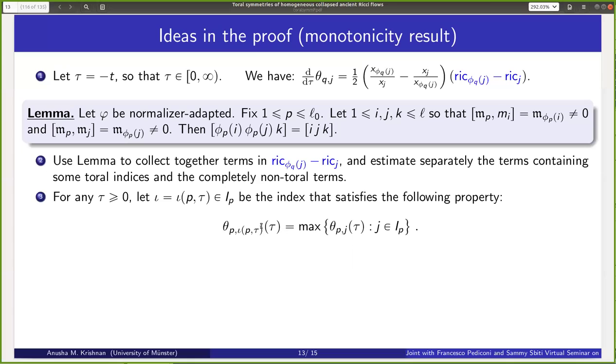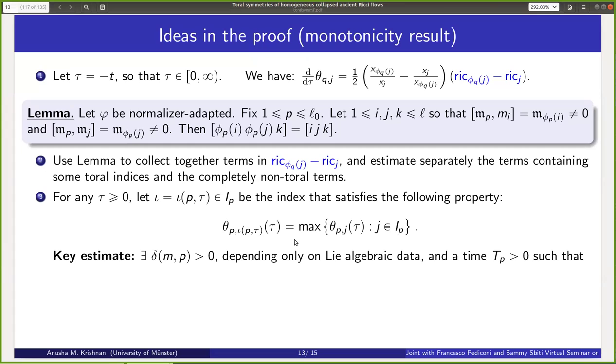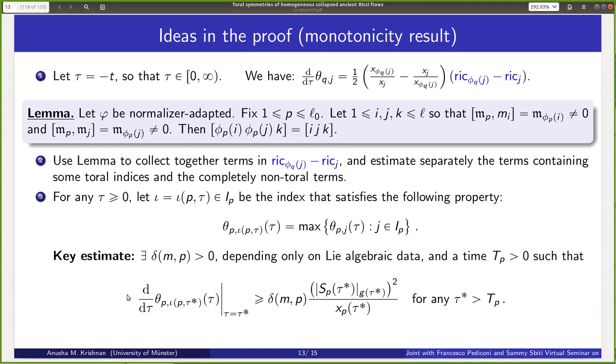Okay, so it depends on time, and so at some time tau, it is that index for which the corresponding theta P iota is maximal. Okay, and our key estimate is to show that there is some constant delta, which depends only on Lie algebraic data. M is the dimension of the manifold. And there's some time, so that we have the following expression.